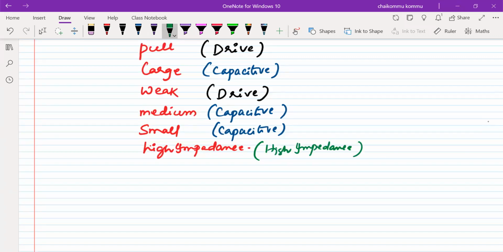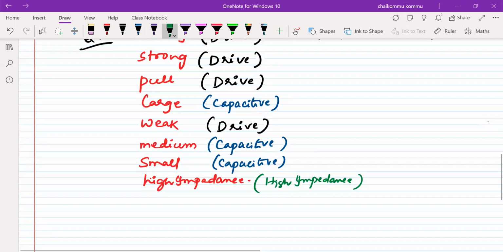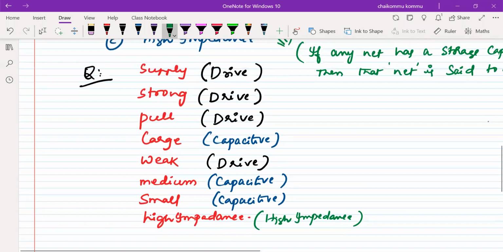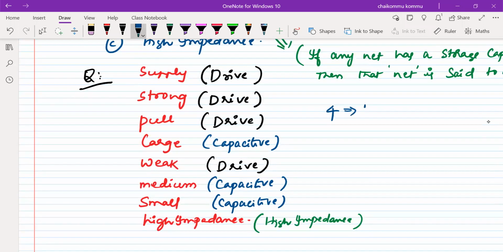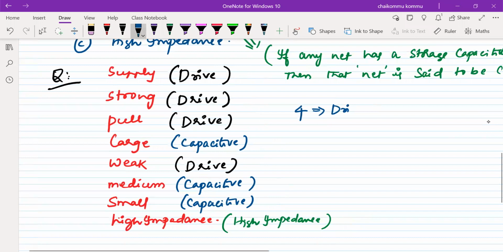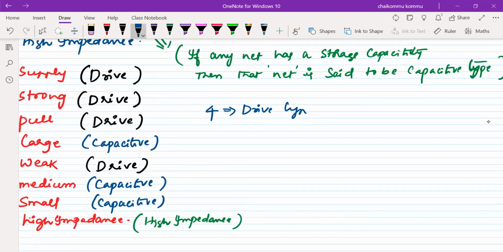So out of all these things, how many drive type strengths are there? That's the question. Four drive type strengths. Among all these things, 3 are capacitive type.